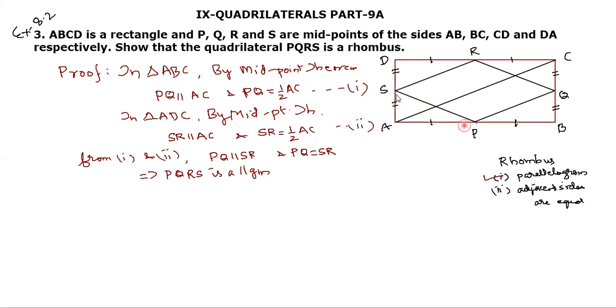So in order to show this, PQ and PS are the sides of these triangles, triangle APS and triangle PBQ, this triangle and this triangle.